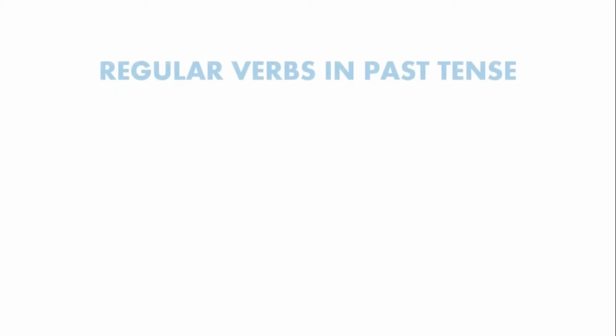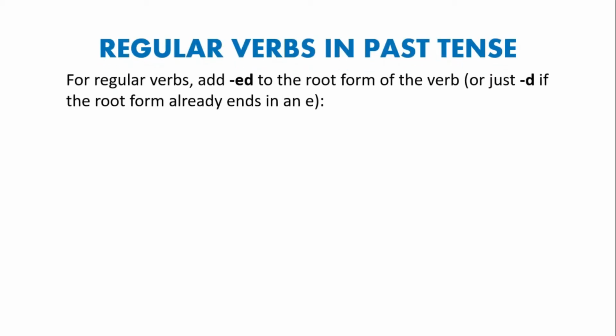So, how to formulate the simple past tense? To formulate the simple past tense, we need to know a lot of verbs, and we need to transform those verbs into the correct form in past. In English, there are regular verbs and irregular verbs.